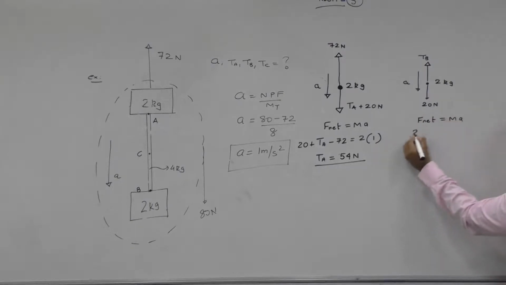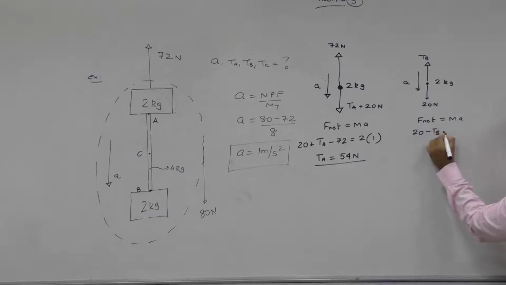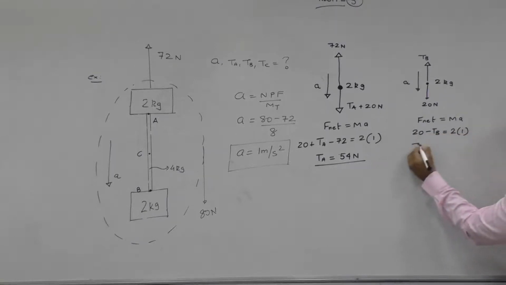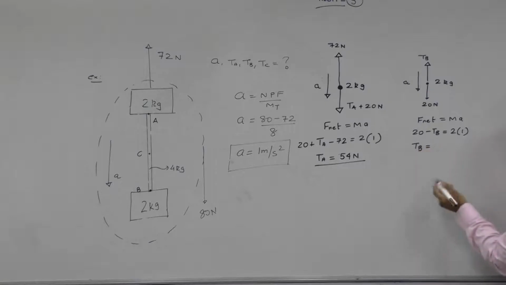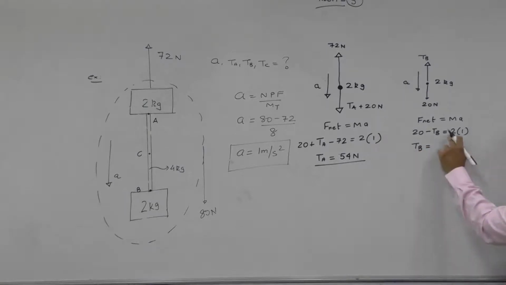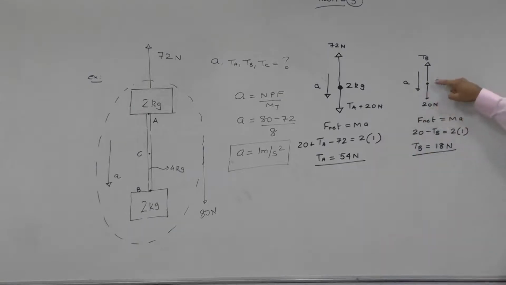What is net force? 20 minus TB is 2 into A, which is 1. So TB will become what? 18. Look again, 20 minus TB is MA.